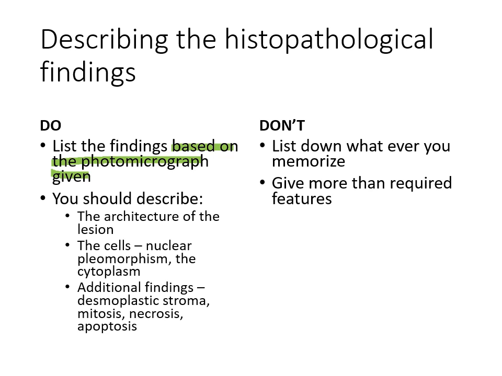Remember, the first one is architecture. The next one is the cells. You need to describe the cells, regarding the nuclear pleomorphism. If there is variability in size and shape of the nucleus, you can say there is nuclear pleomorphism. Or sometimes you can describe the cytoplasm.